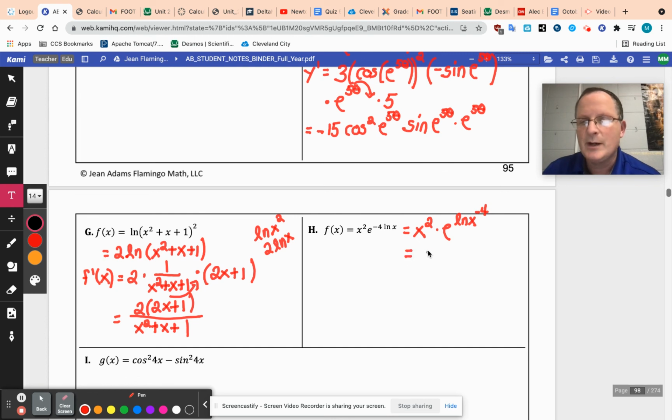So this is x squared times x to the -4, which is equal to x to the -2. And now I can do power rule. Power rule on that is going to be -2x to the -3, which is -2 over x cubed.